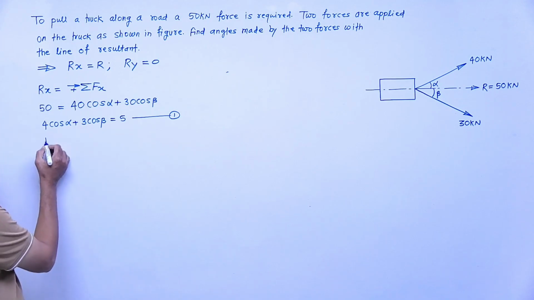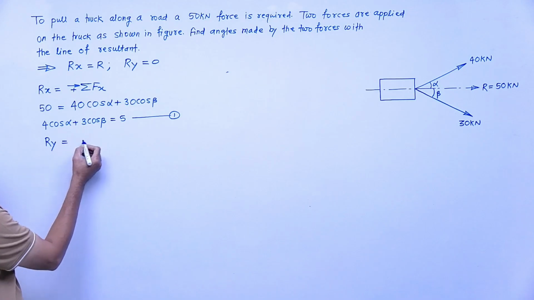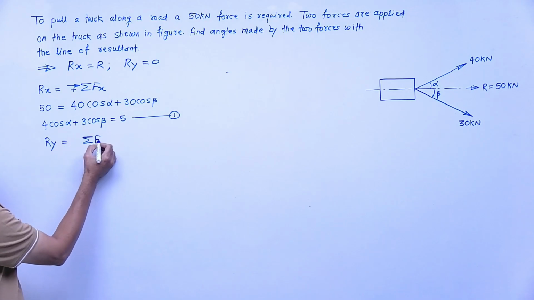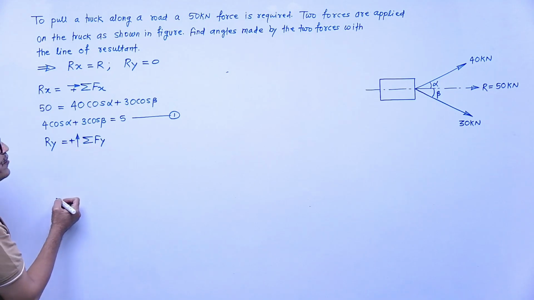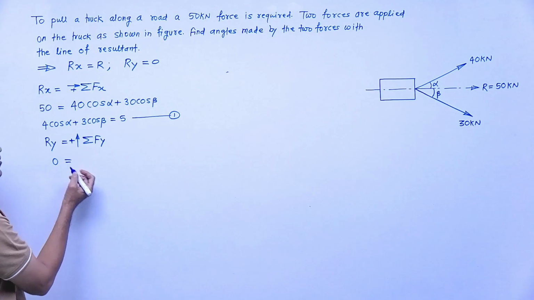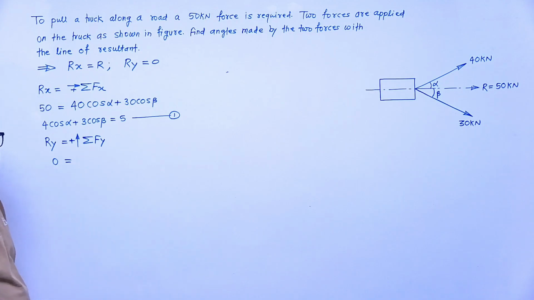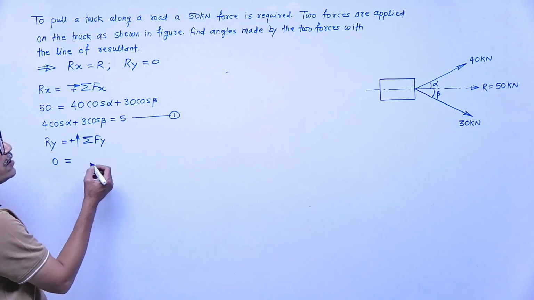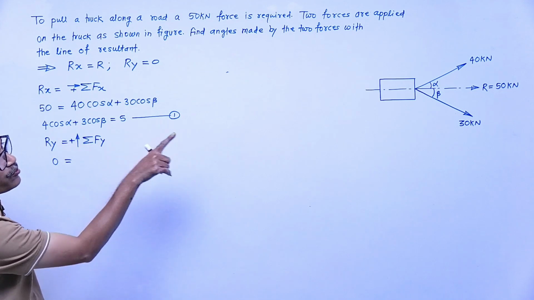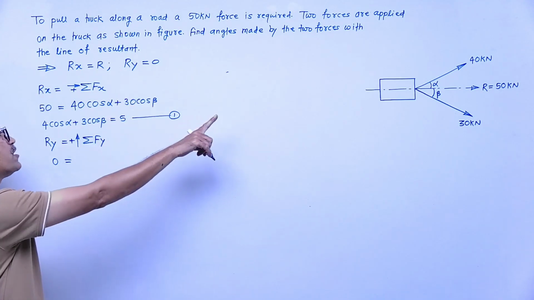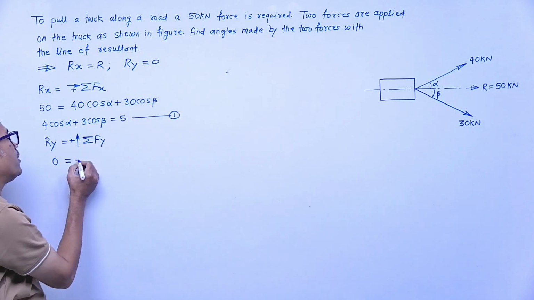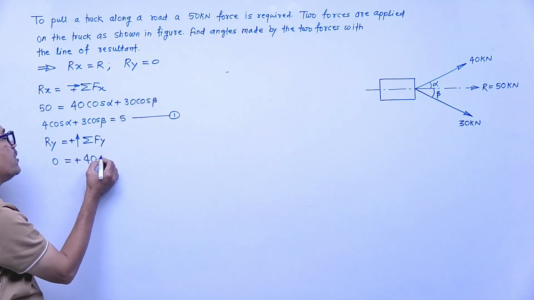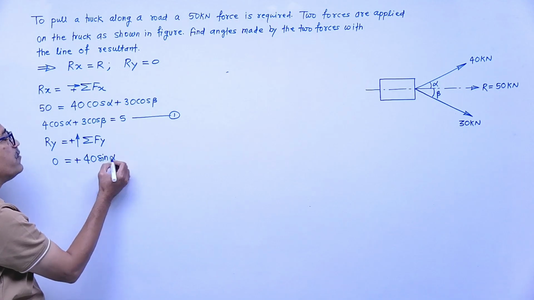Next equation is what? Ry equal to summation of Fy, assuming upward forces positive. Ry is 0. No resultant along the y-axis. Reason? Resultant is horizontal. Therefore Ry is 0. In Fy, the component of 40 is upward. Check, angle with horizontal, vertical component is sine, upward: plus 40 sin alpha.